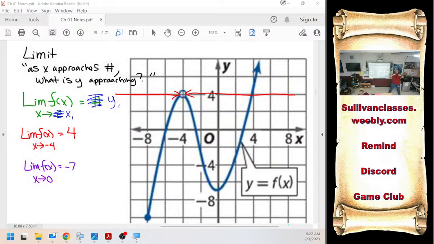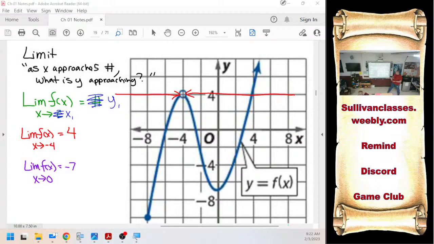They want you to show all of that on a table. We're going to say, nah, I'm looking at my table on my calculator. You remember how to switch your table over to ask. So you ask the x value. That's how you find a limit.